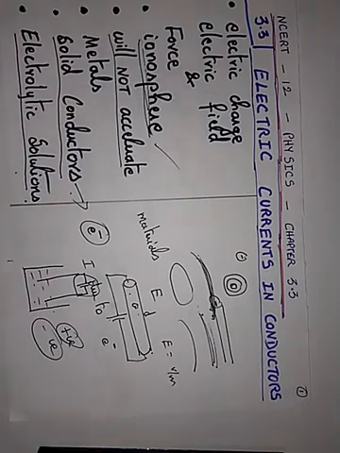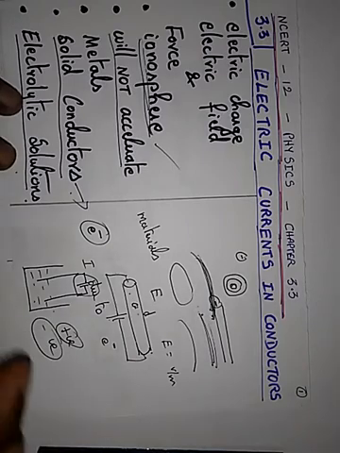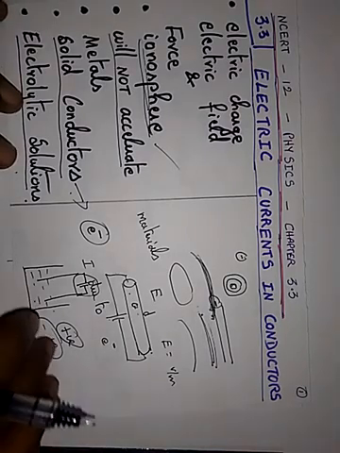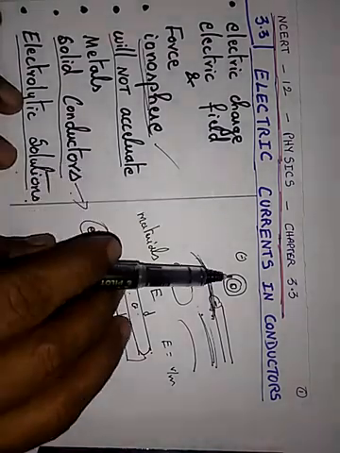So in a nutshell, we have seen the basics of charge flow in a conductor when a field is applied and when the field is not applied. So that's all about electric currents in conductors.